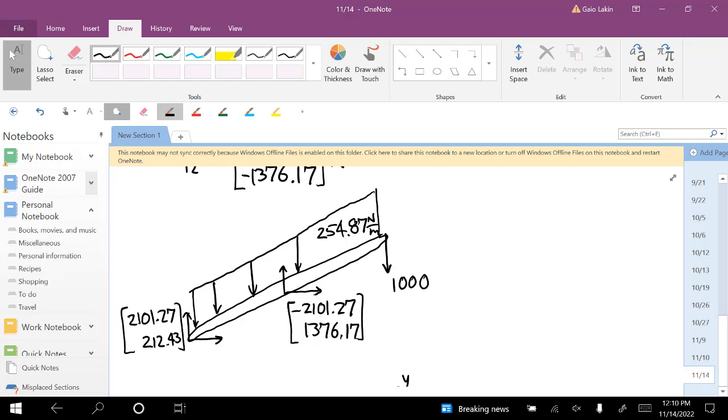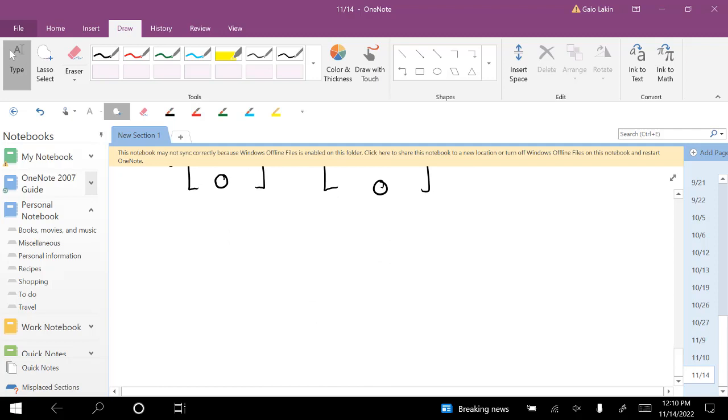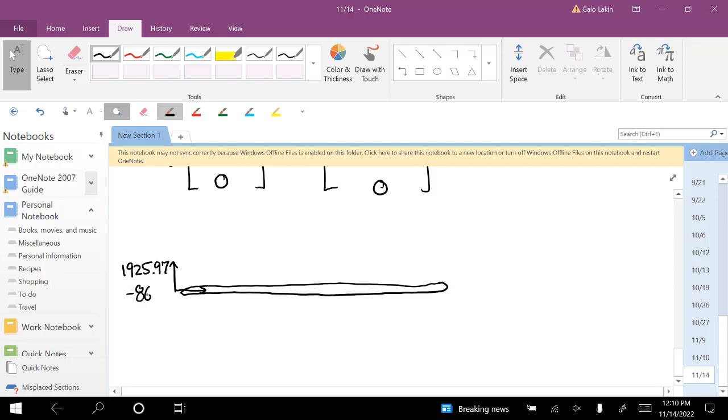We haven't actually rotated the body, you know. So here's where we are going into the internal loads problem. So on the left, we have a force vector of 1925.97 and a y value of negative 866.67.